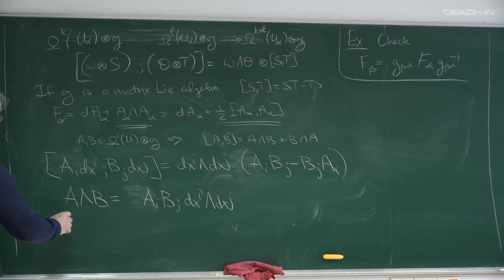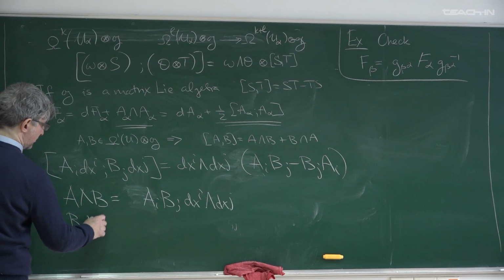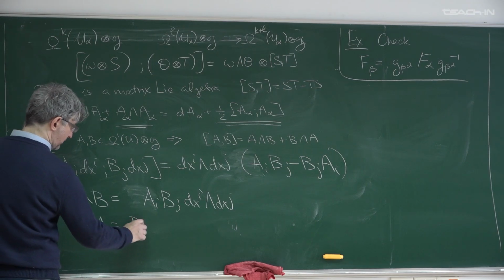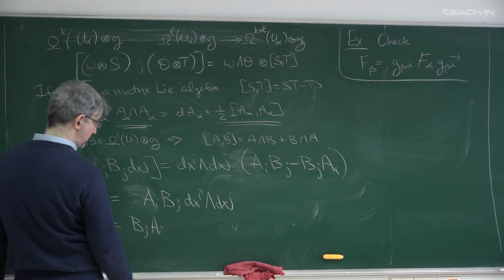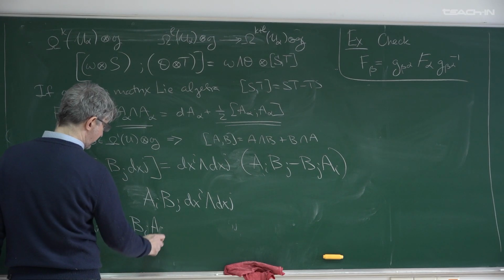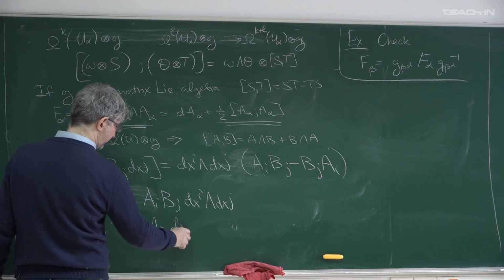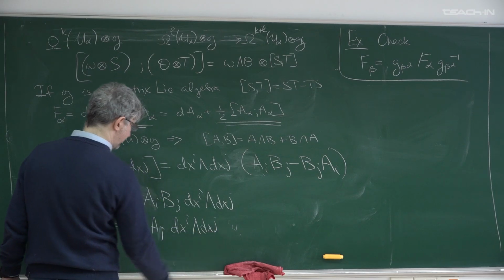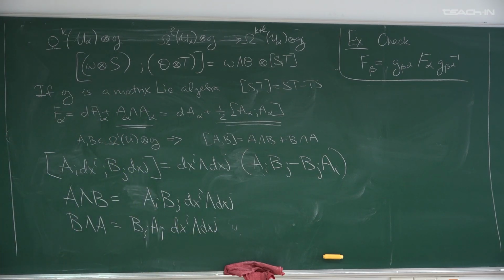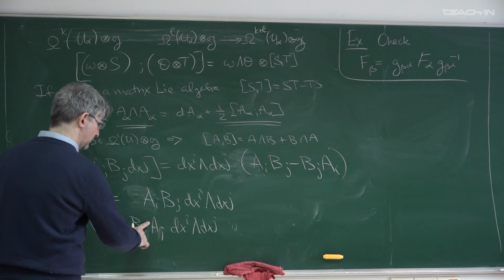And if you write B wedge A, you will see b_j a_i. Maybe I will change indices and write it in this way. Okay, it's not very good, so I should return.